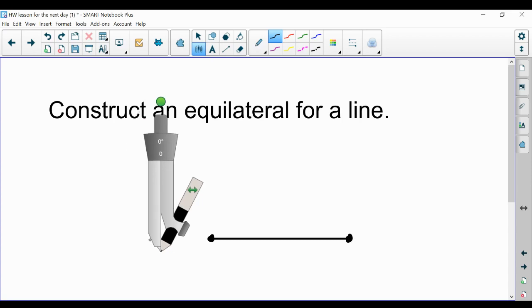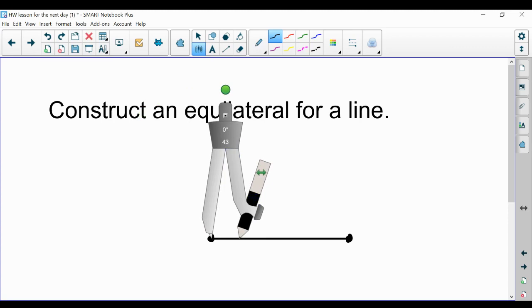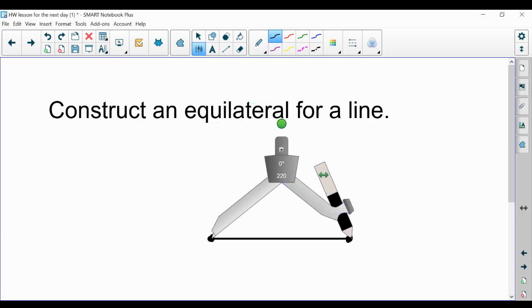So first, put the compass needle, okay, maybe yours looks like this, right? Put the needle on one end point and open up the pencil side to the other end point, like this. And then you're going to draw a little curve.